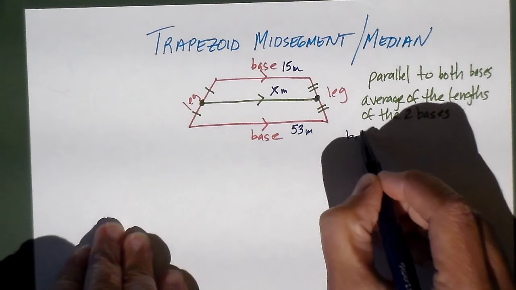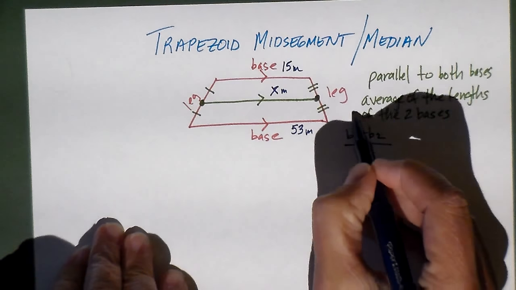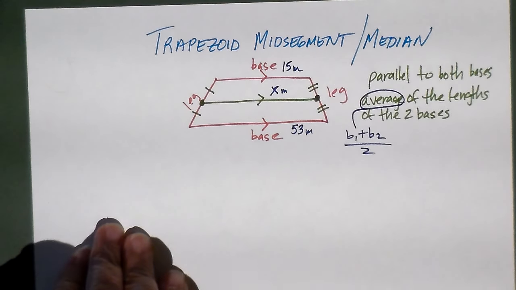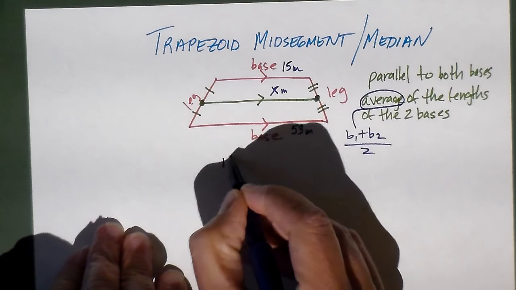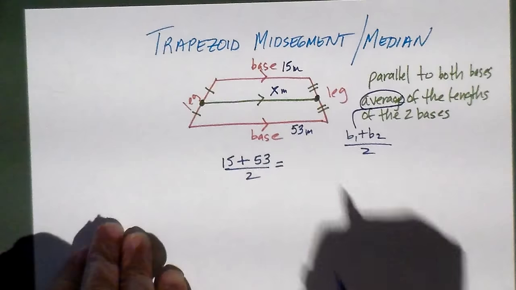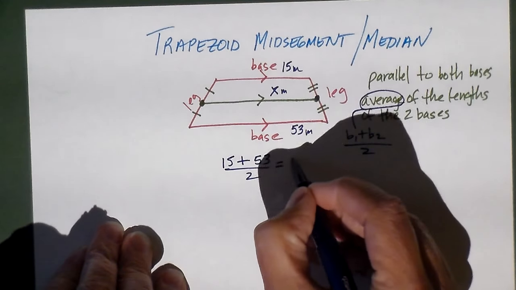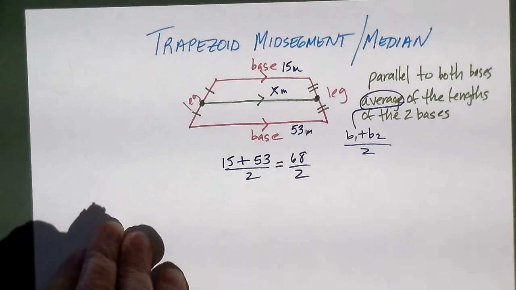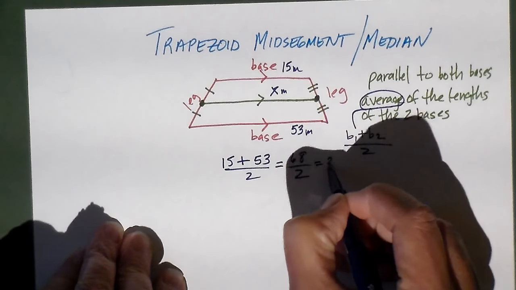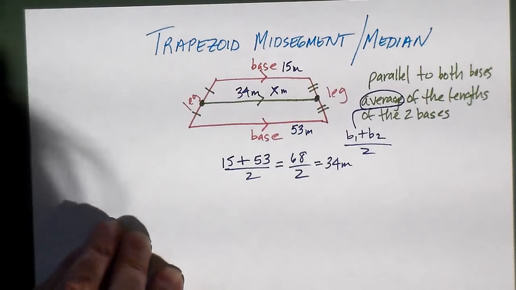It's going to be base 1 plus base 2 divided by 2. So I have 15 meters plus 53 meters, and I'm going to divide that by 2. 15 plus 53 is 68, divided by 2 is 34 meters. So your mid-segment is 34 meters.